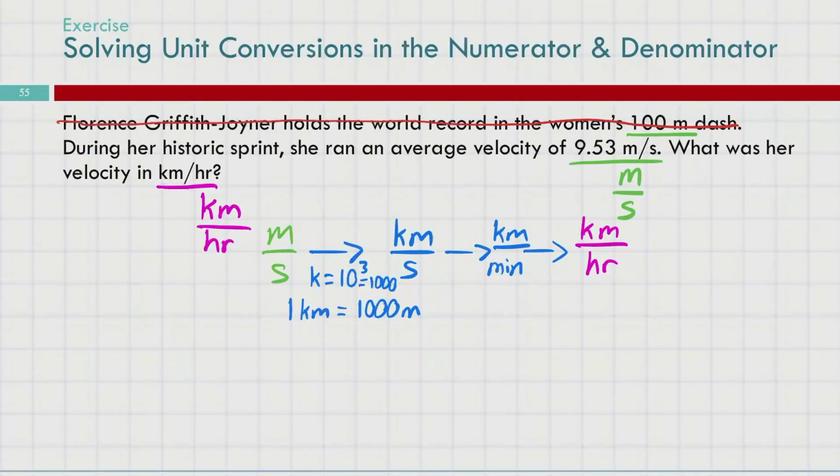How many seconds are in a minute? 60 seconds equals 1 minute. And then how many minutes are in an hour? Also 60. So 60 minutes is a TV show. Also 1 hour. Questions about our solution map?